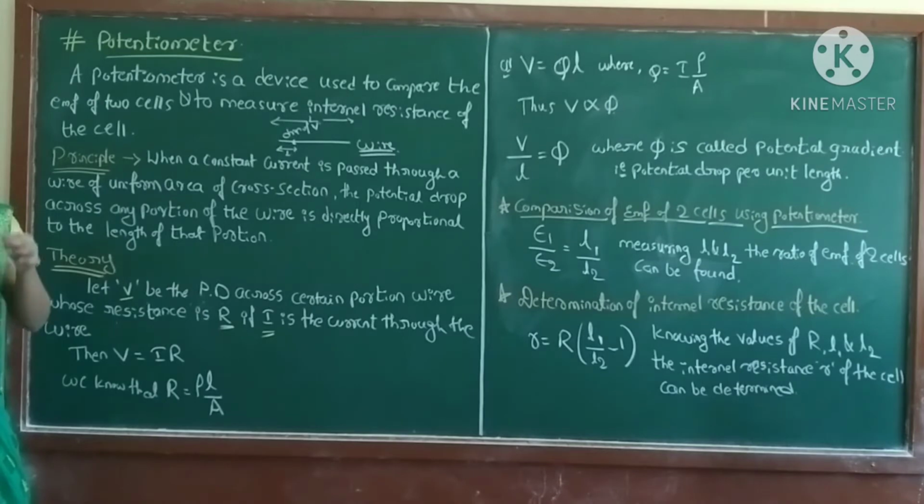So here we consider one wire in which potential difference V is present, resistance R is present, and the current I is flowing through it.